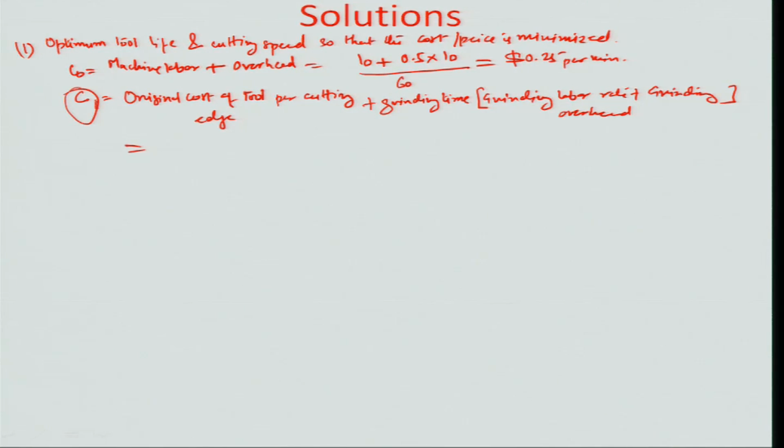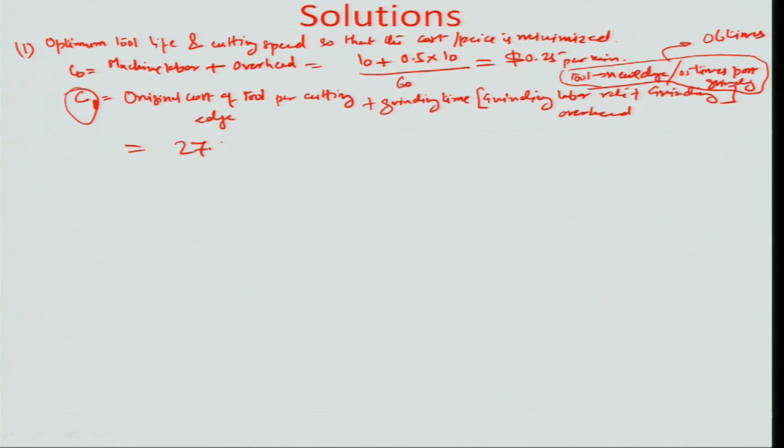So we want to find out what is the cost per usage or per cycle. Obviously you can take one tool which has a new edge, and then you get to use this tool 5 times post grinding. So therefore the total usage of this particular cutting edge is about 6 times.